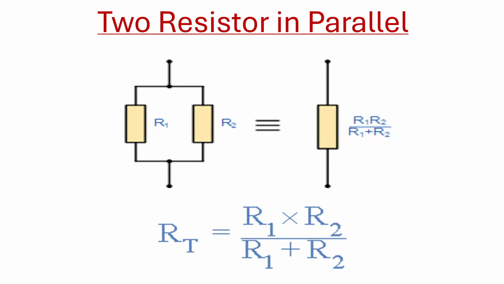So if you are working with only 2 resistors, there is no need trying to go through that initial formula. Just say RT is equal to R1 times R2 all over R1 plus R2. But note, this formula only applies when the resistors connected in parallel are just two.